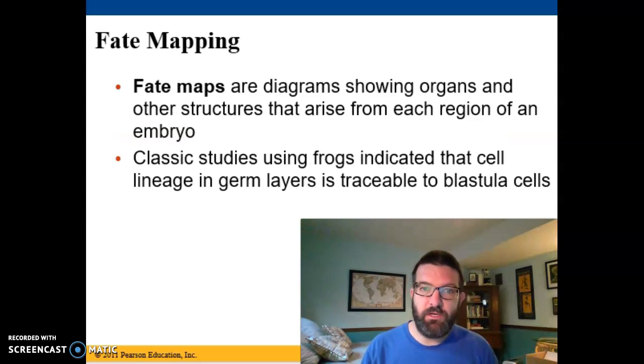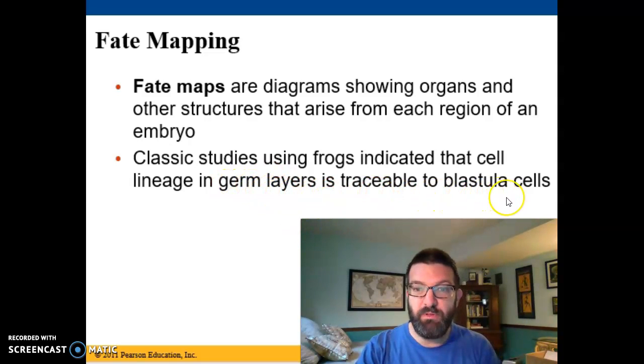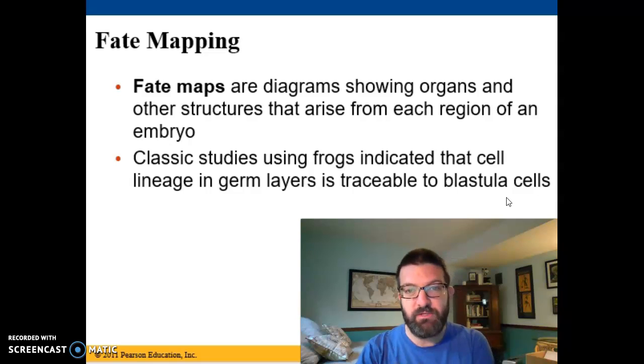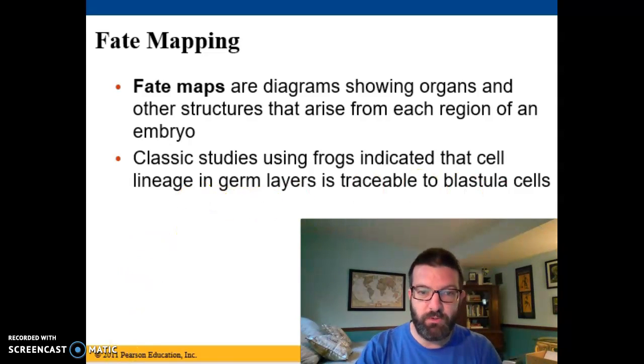And biologists can create fate maps, which are diagrams that show essentially which structures and organs are going to arise from which parts of an embryo. And there are a lot of classic studies looking at frogs showing the cell lineage from germ layers all the way back to the blastula cells. You can trace them from the blastula cells through which germ layers they're going to become.